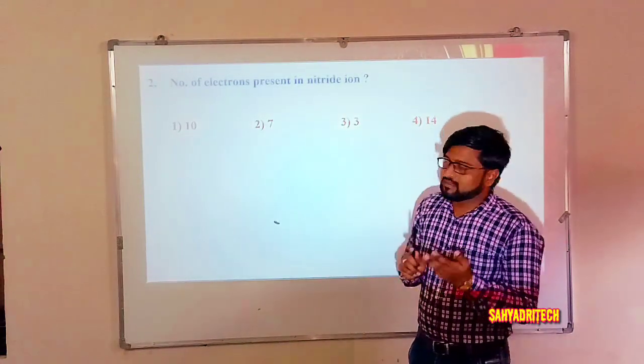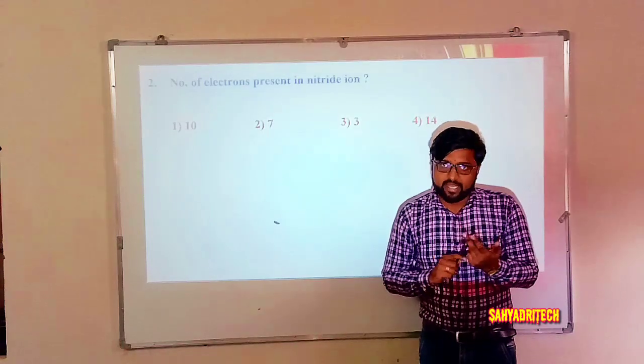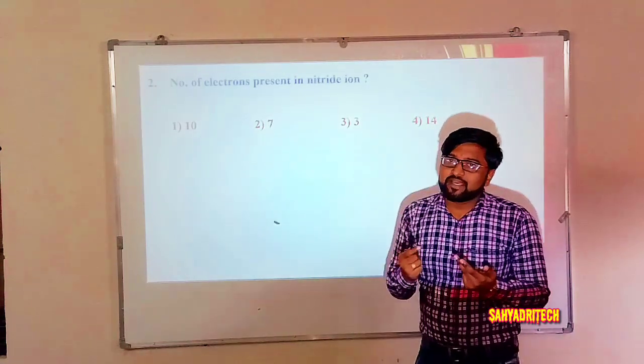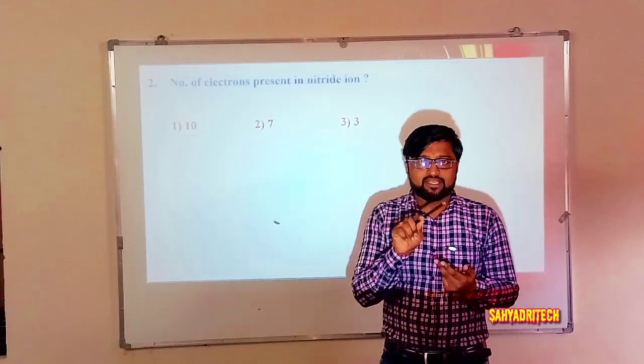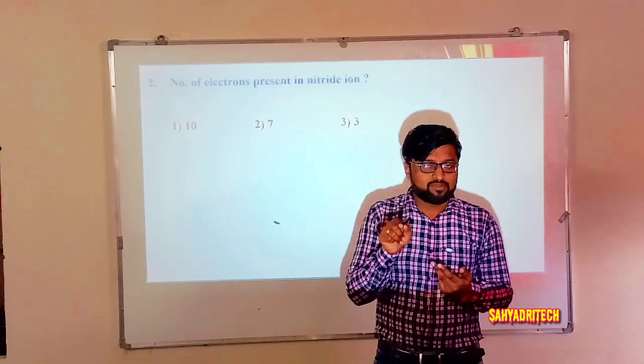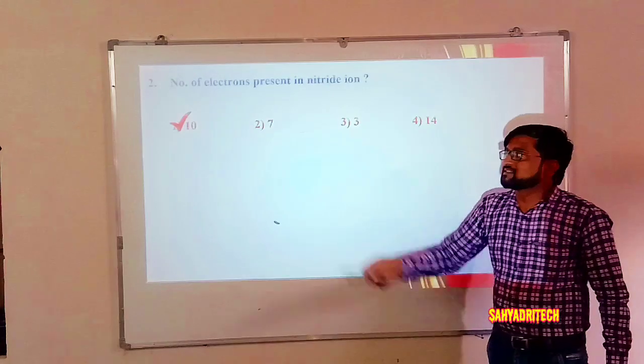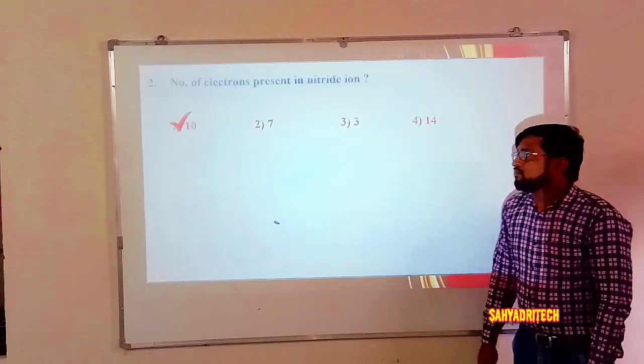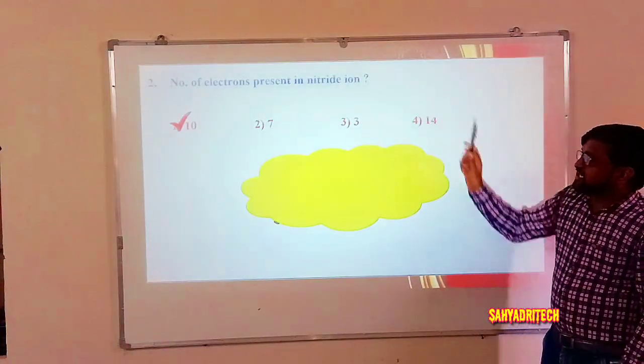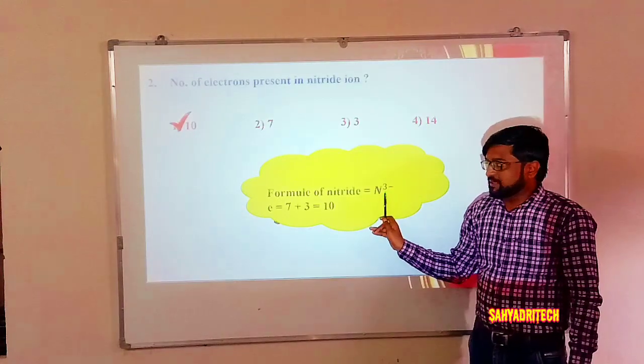So what is the atomic number? 7, minus charge of anion, -3. So minus into minus becomes plus. So 7 plus 3. So what is the answer? Answer is 10. Nitride means, as I said, N3 minus.